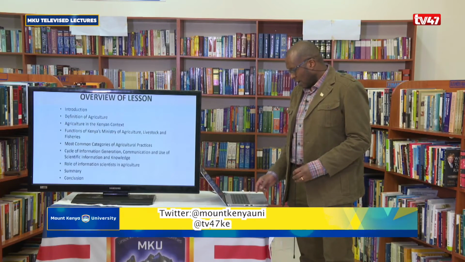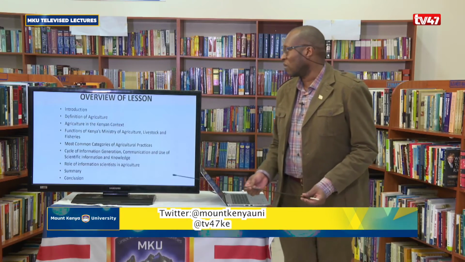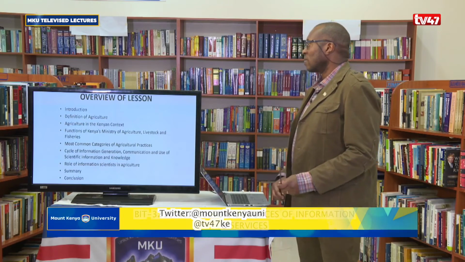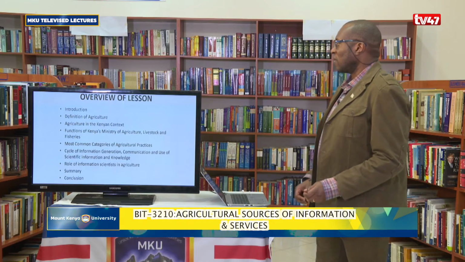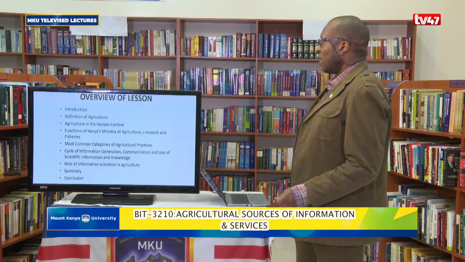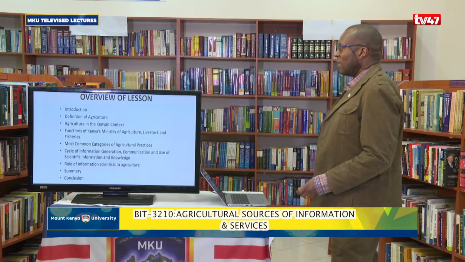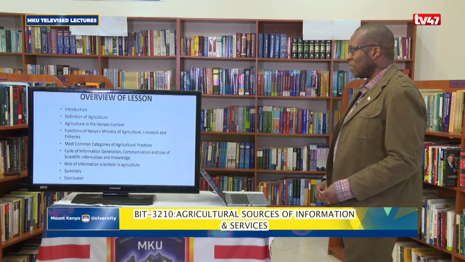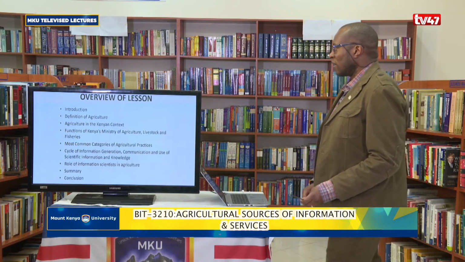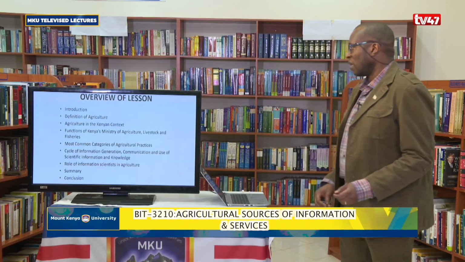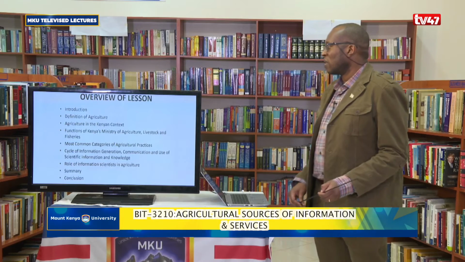As an overview of the lesson, we'll begin with the introduction, define what agriculture is, examine agriculture in the Kenyan context, and look at the functions of Kenya's Ministry of Agriculture, Livestock and Fisheries.